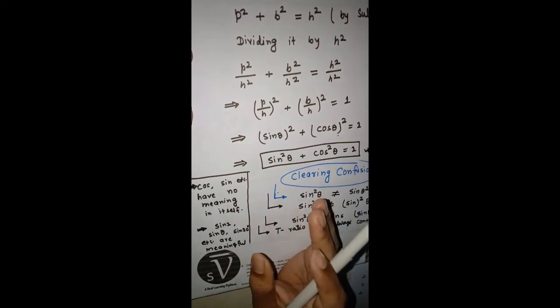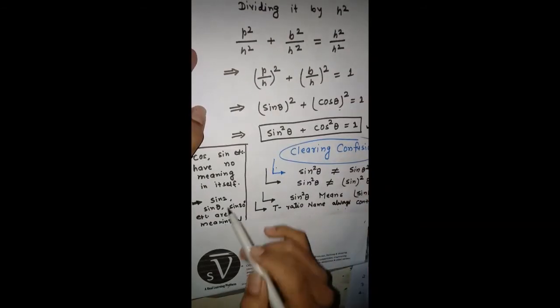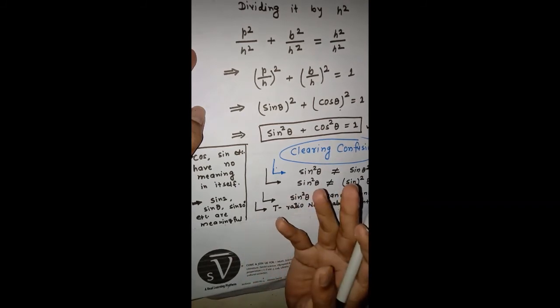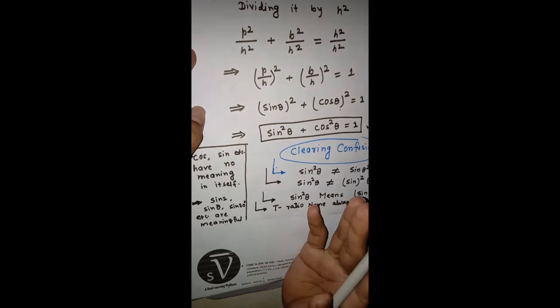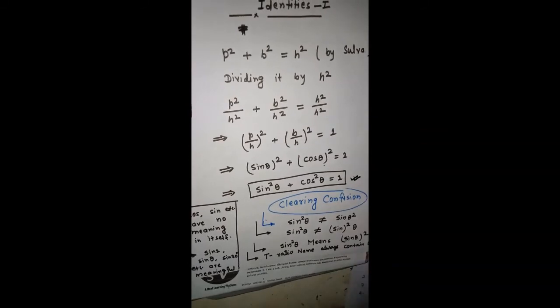That's why cos, sin alone have no meaning. So we can say sin 2, sin theta, sin 30 degree, sin 90 degree are meaningful, but sin, cos alone are not meaningful. Have you got my point? These are the things you have to remember about it.